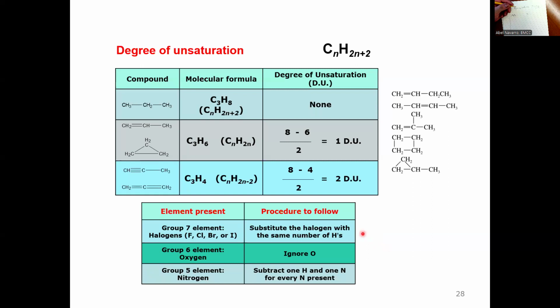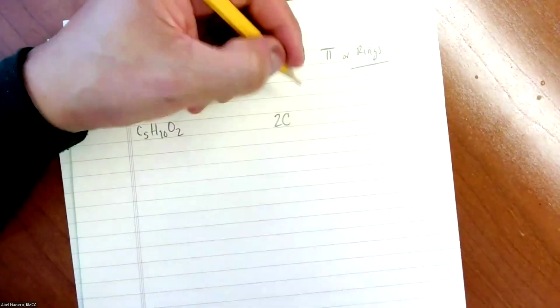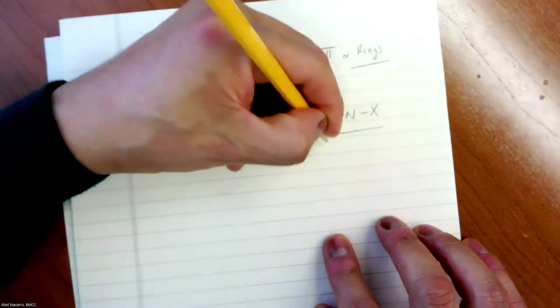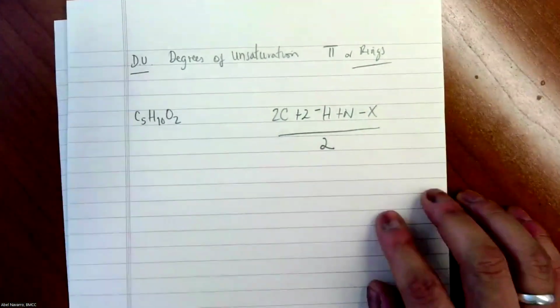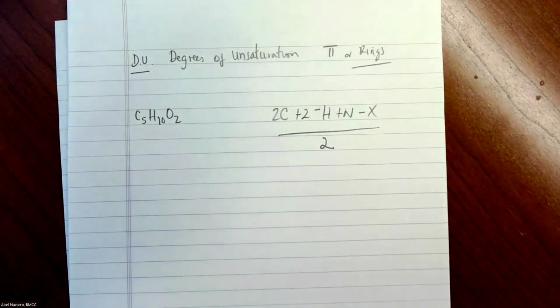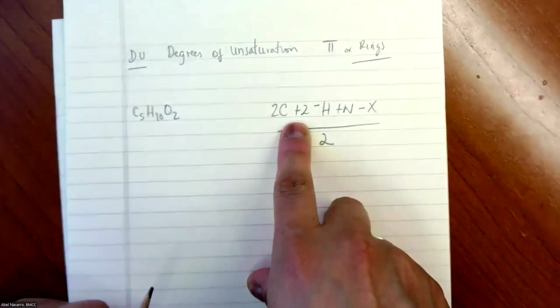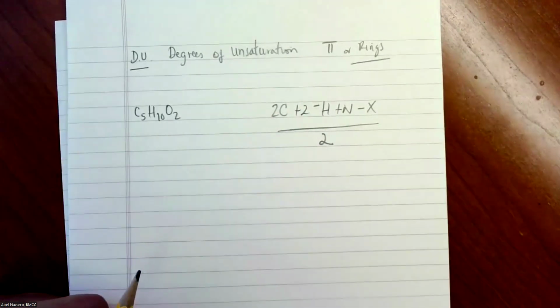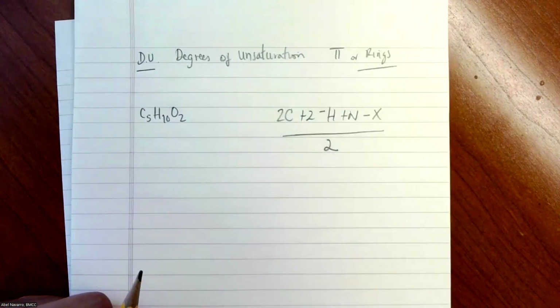The formula is 2C plus 2 minus H plus N minus X, divided by 2. Sorry, that should be 2C plus 2 minus H minus N minus X, divided by 2. That formula, remember it, please. It's not written on the slide, but that one I'm doing in the lecture. Do you have to memorize the formula? Yes, you have to memorize the formula, unfortunately.